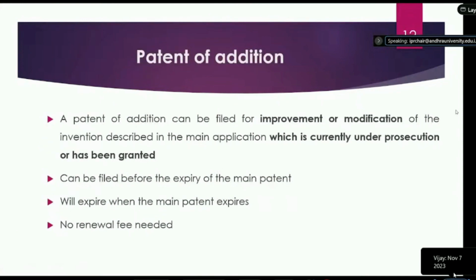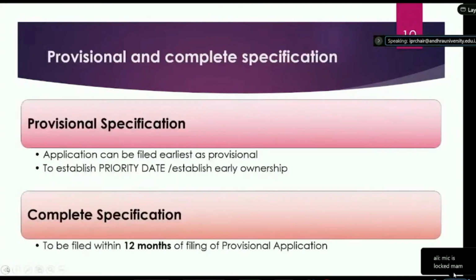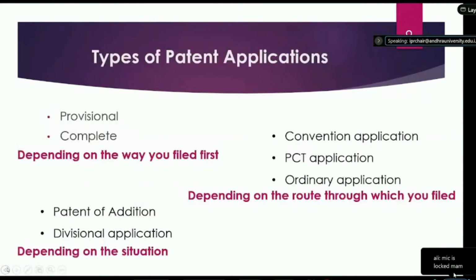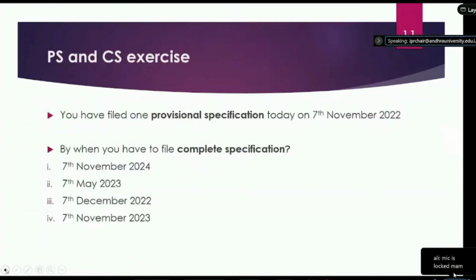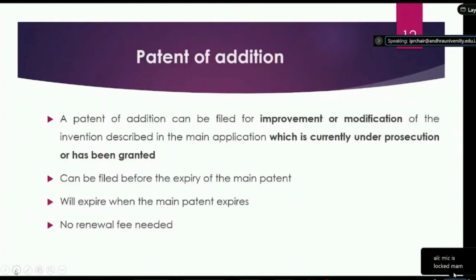So patent of addition, as I told you, here you see on your left, the below one, patent of addition and patent divisional application. So we have already covered this provisional and complete specification. Then we covered this exercise. Now about patent of addition. A patent of addition can be filed for improvement or modification of the invention described in the main application, which is currently under prosecution or has been granted.